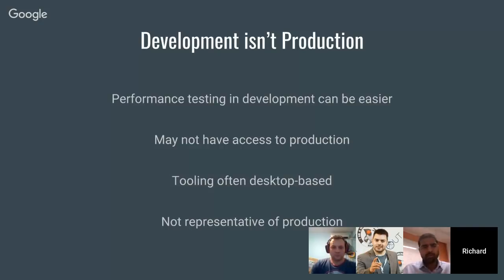So we're quite used to firing up some tooling that connects to a local JVM and then gives us the information we need in a nice user interface. And so that makes doing performance testing in development much easier. But as we'll see over the next few slides, it's not representative of our production environment, which is the goal here.